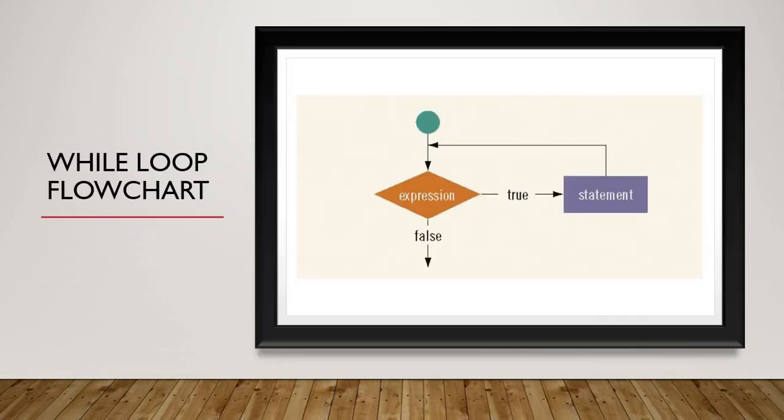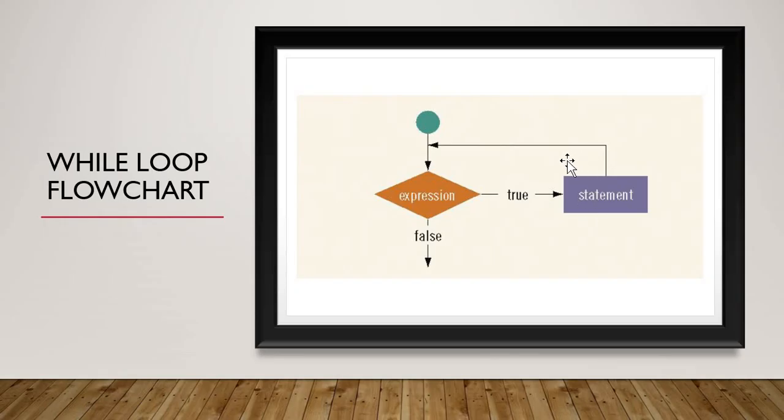This is the flow chart for the while loop. You have the diamond shape, written with an expression, for example, I less than 10, I less than or equal to 3, and so on. If the expression is true, then certain statements will be executed.